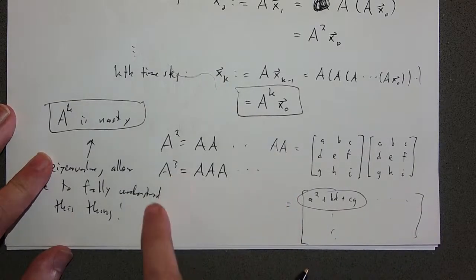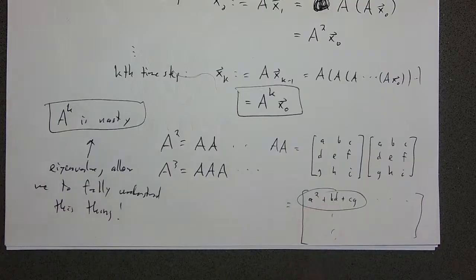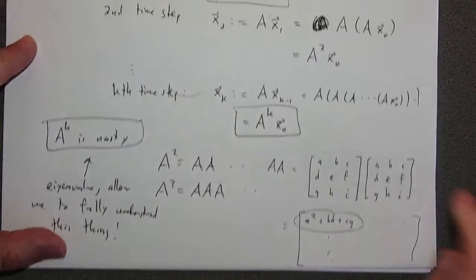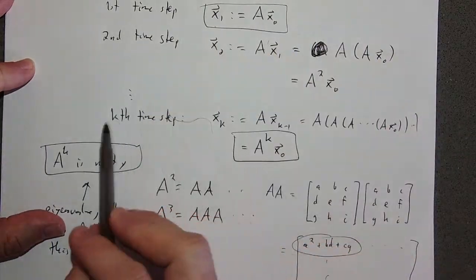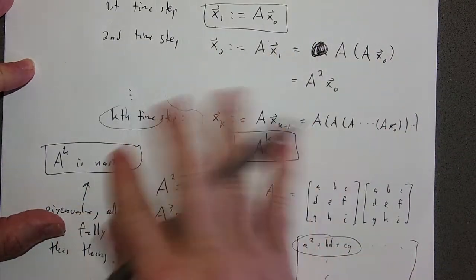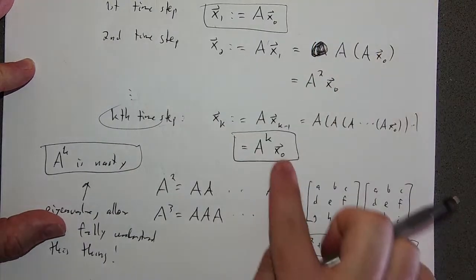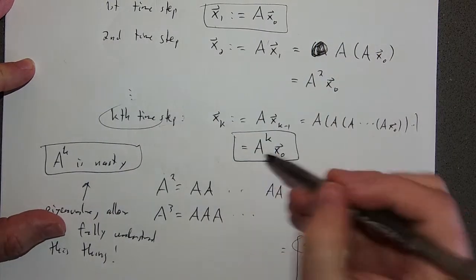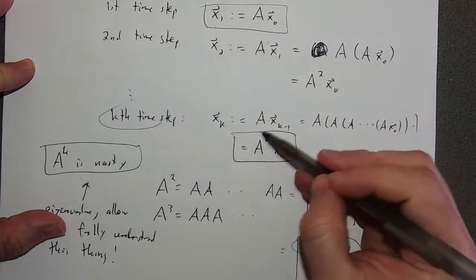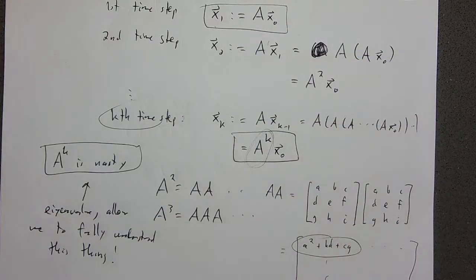Cubing the matrix or raising it to higher powers makes it even nastier. So what do you do? Theoretically, this is a nice setup: in order to get to a generic time step, all we need is to know powers of the matrix, and we start with the initial vector. So really, this whole process is governed by iterative multiplication, just powers of this matrix.